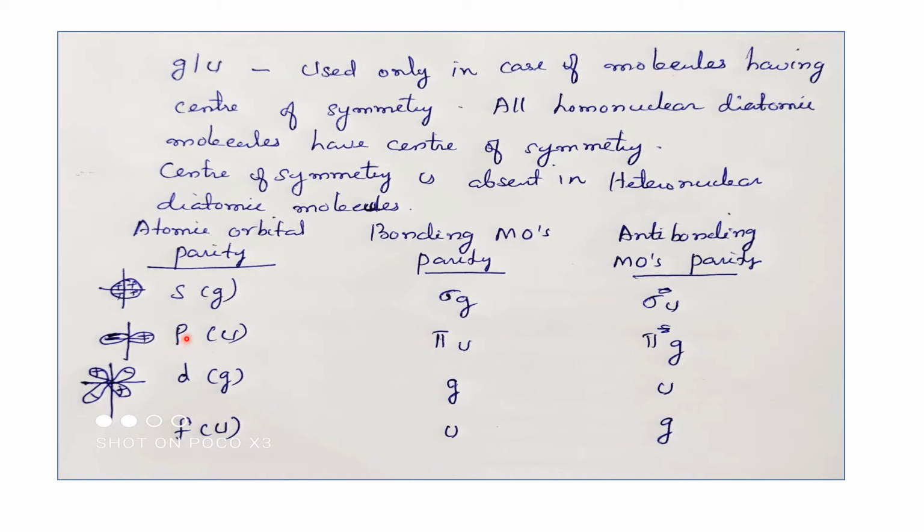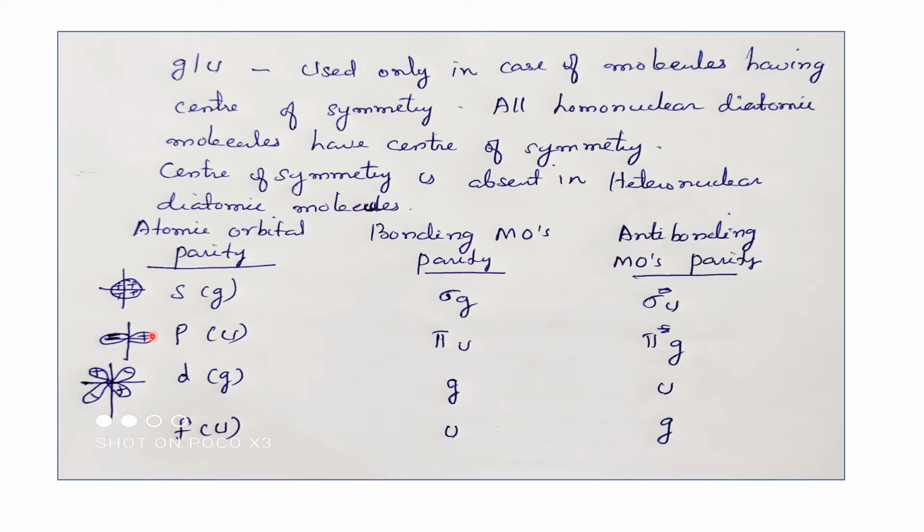Consider the case of the p orbital. Consider one of the p orbitals, that is a px orbital. On moving from this side to this side in the clockwise direction, the sign of the wave function changes.